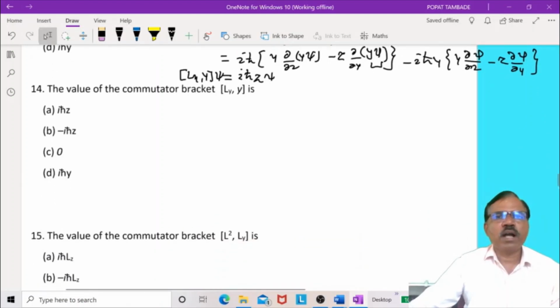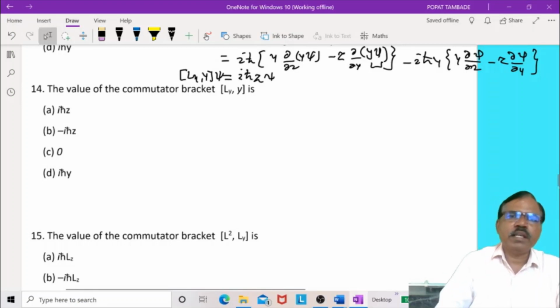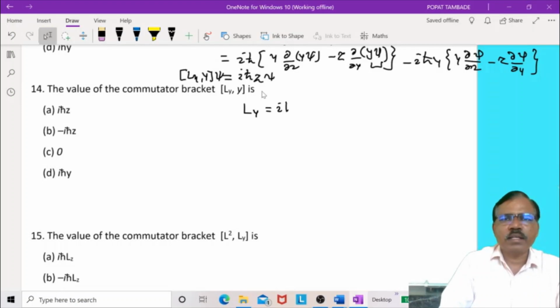Now Ly comma y, the value of the commutator bracket Ly comma y is. We know in Ly we have iħ in bracket (x ∂/∂z minus z ∂/∂x), and we have here y.